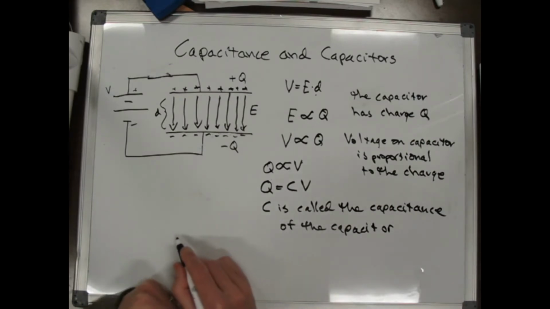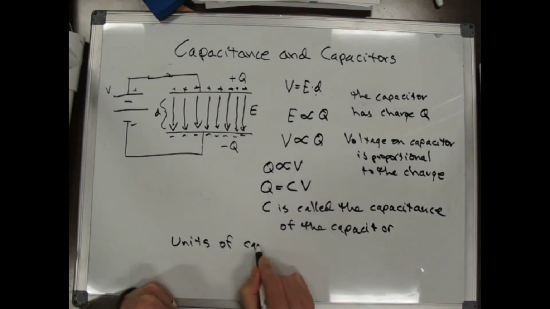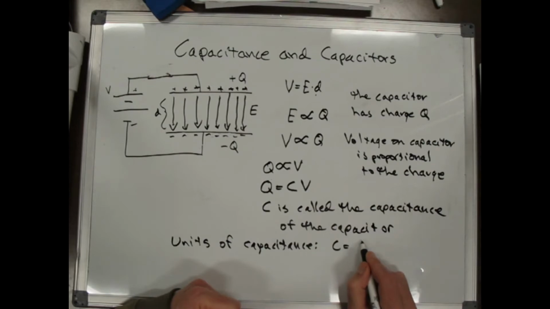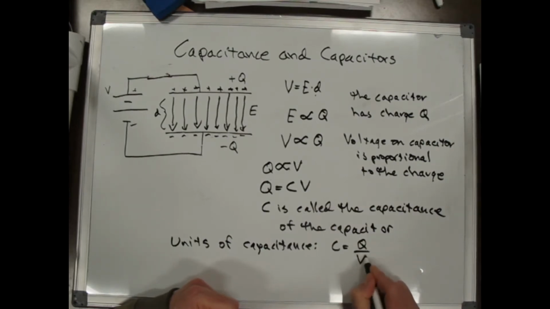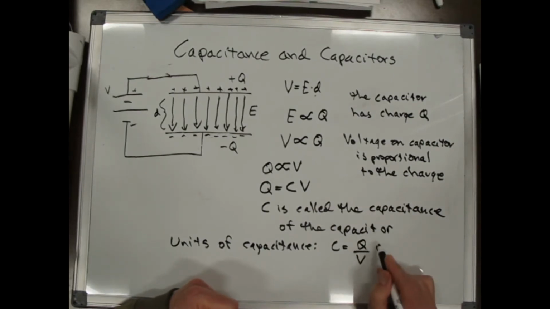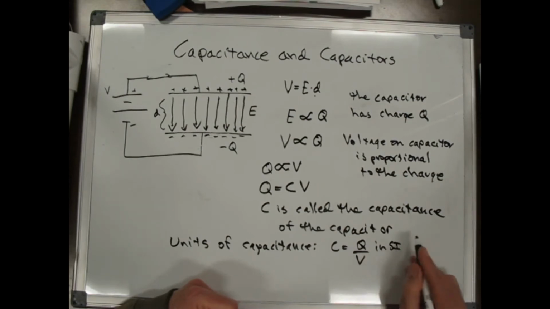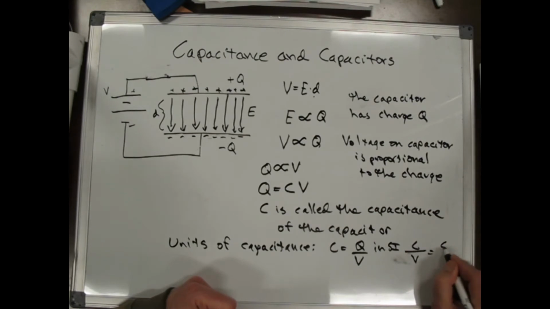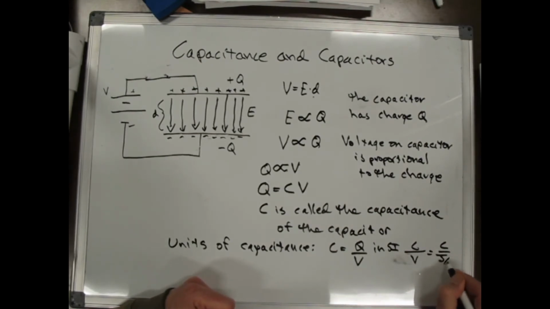We can say the units of capacitance are, if I solve for C, I get C equals Q over V. And so for the units in SI, that's coulombs over volts, which is coulombs over joules per coulomb.